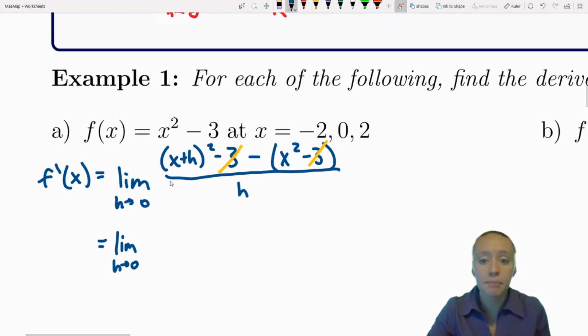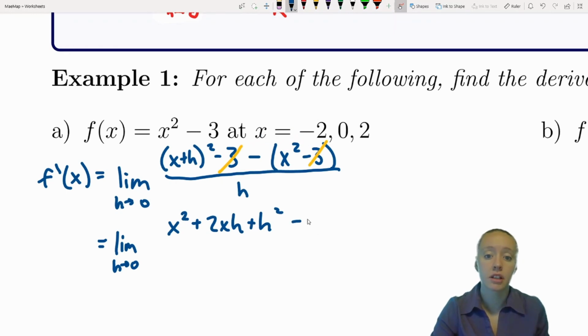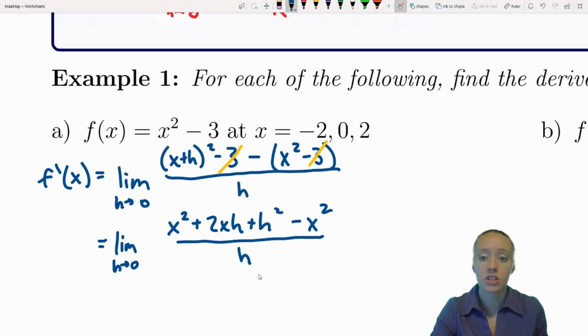Now I'm going to expand out this binomial, x plus h squared. That's going to be x squared plus 2xh plus h squared, and I'm still subtracting this x squared. And that's going to be all over h. Now you can see that x squared cancels out with x squared, and in my numerator I have an h that's multiplied to all of my terms.